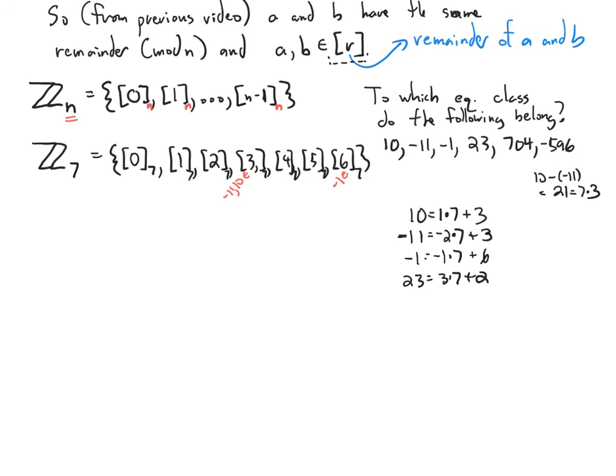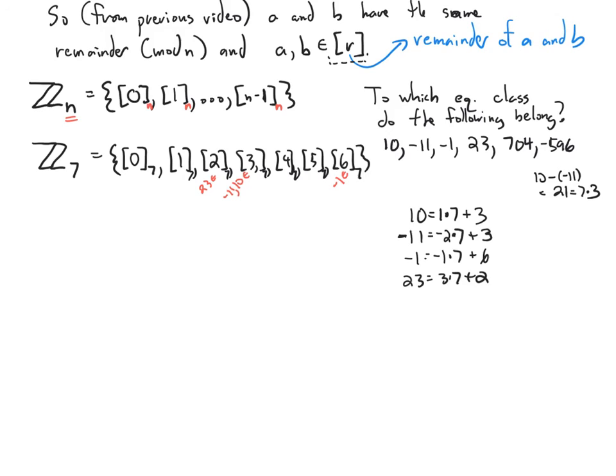So 23 is an element of the equivalence class with the representative 2. And again, I just picked these because they're the remainders, but we don't need to have 0 here to say it's the equivalence class of 0. We could have any representative, so any number that has remainder 0. We could have 7, 14, negative 7, 70, whatever.